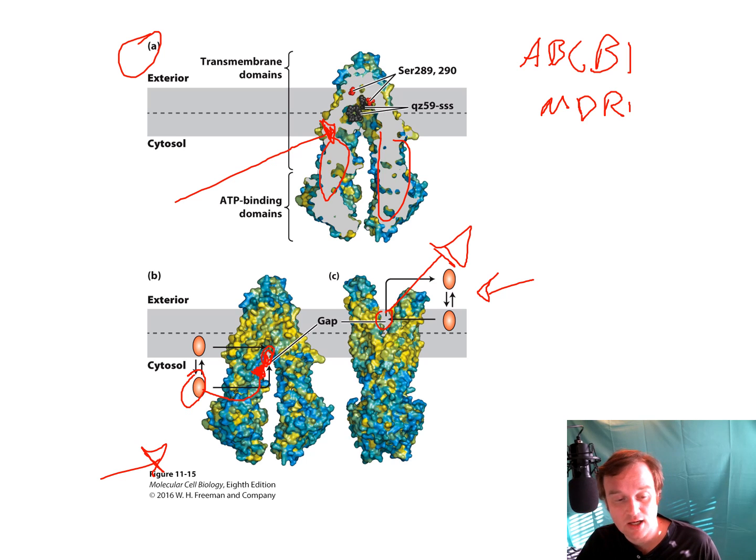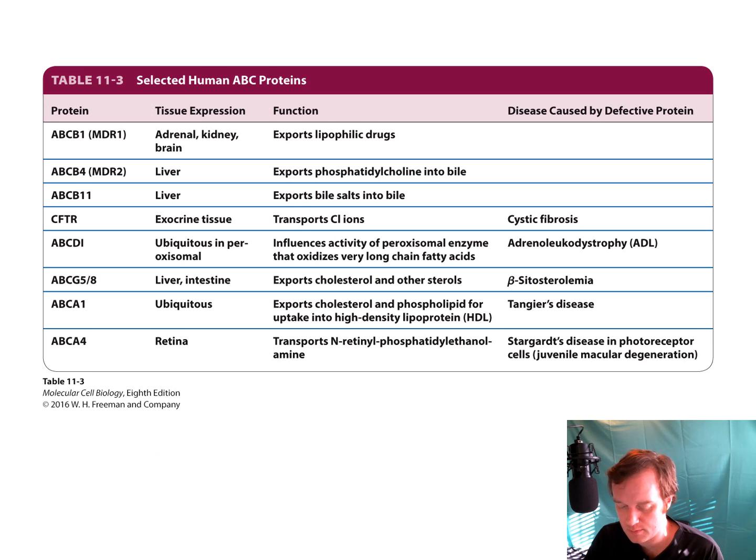So depending on the way it's facing, you can bind these different ligands, and it's not as specific as, say, an aquaporin or something that only allows certain things to go through. These can bind a wide variety of ligands. Like I said, multiple different drugs that have similar structures, but they're different drugs, can all be exported by these ABC superfamily proteins.